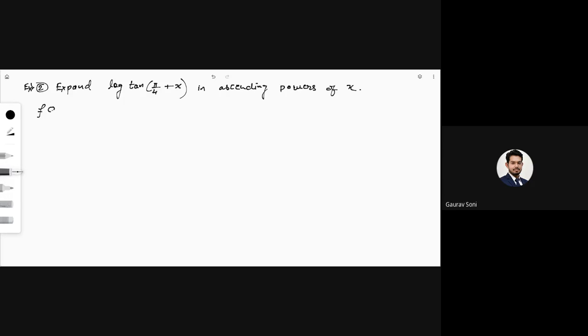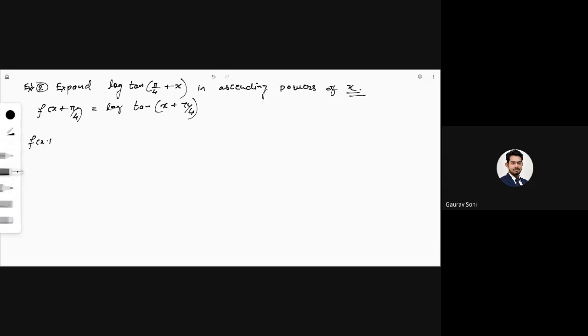What is f of x plus pi by 4? It is equal to log of tan of x plus pi by 4. You need the expansion in powers of x.